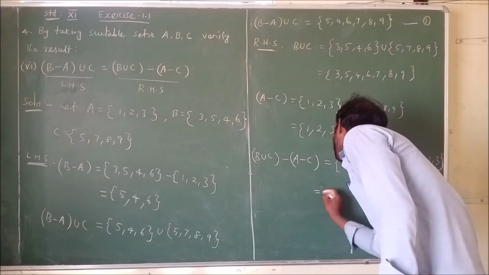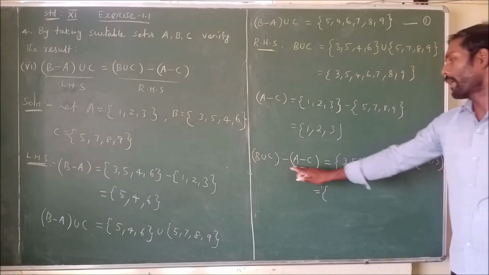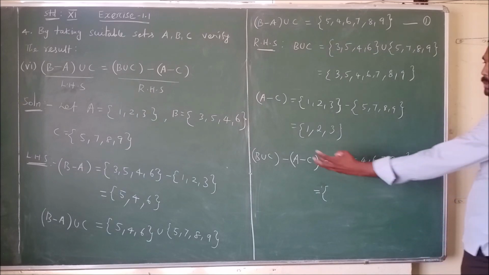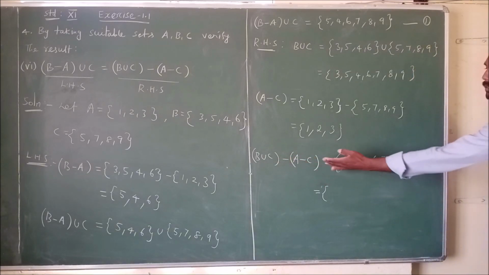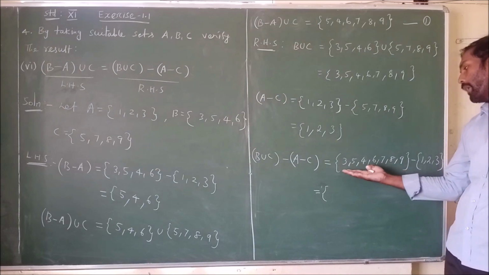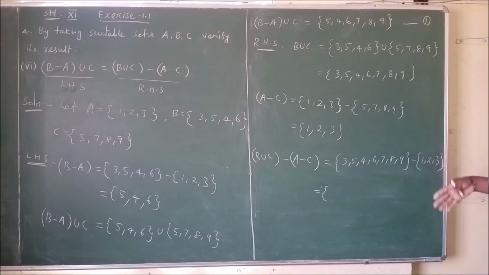Therefore, (B union C) minus (A minus C) is nothing but the elements that appear only in B union C, not in A minus C.